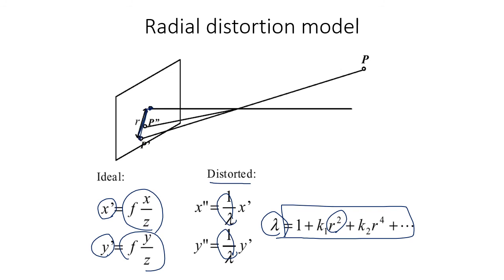So when we are close to the center of the image plane, the distortion is small. And when we are farther from the image center, the value of r becomes large, lambda becomes large, and the distortion becomes severe. So radial distortion depends on the distance from the image center.